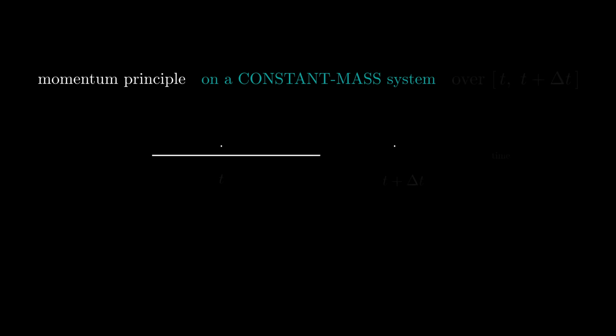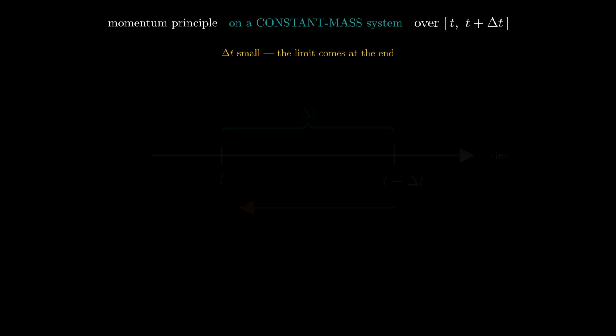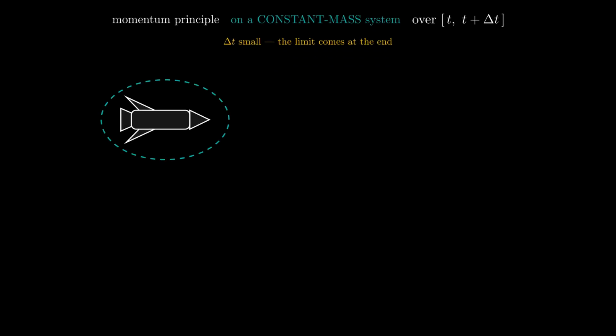The procedure is the one this whole lecture runs on. Apply the momentum principle to a system whose mass never changes over the interval from t to t plus delta t, with delta t small. The limit comes at the end. Choose the system to be the mass of the rocket at time t. Write it m sub c equals m sub r of t, and that splits into two pieces.